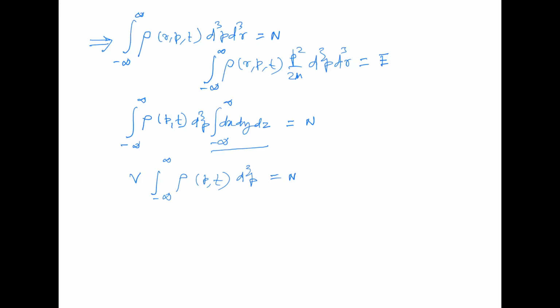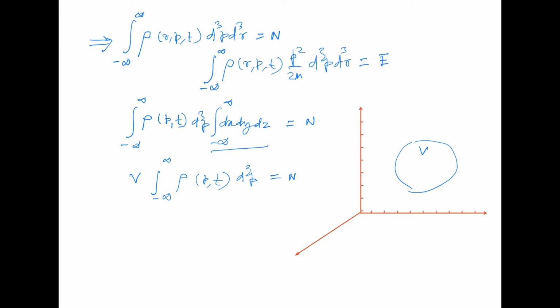Why will this V come in? That can be understood if we take the space where this distribution of particles is present, within this volume, which is V.